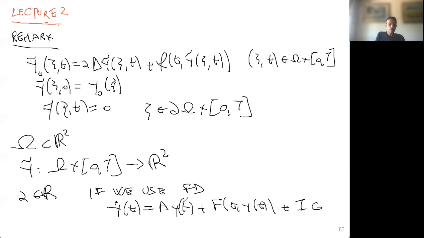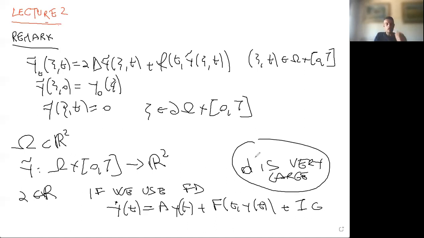What is now the big difference is that the matrix D is very large. Usually for a two-dimensional problem, the dimension of the problem is way larger than for a one-dimensional PDE. The higher the dimension of the PDE, the higher the dimension of the discretized problem. Nevertheless, we always get something in this form, which is our problem setting.